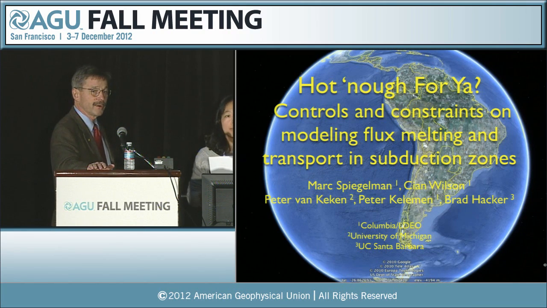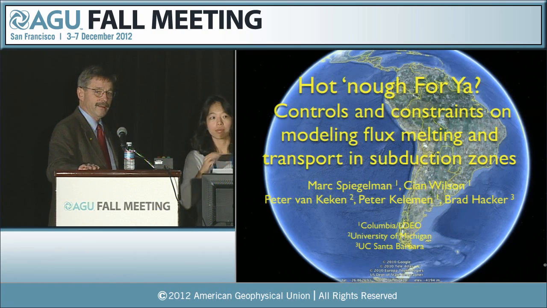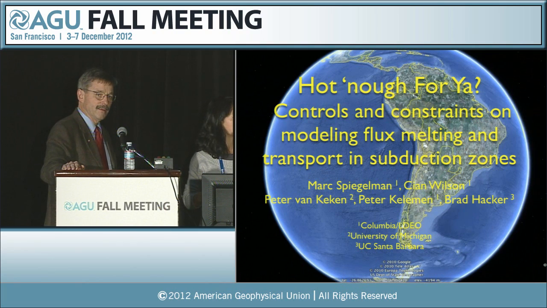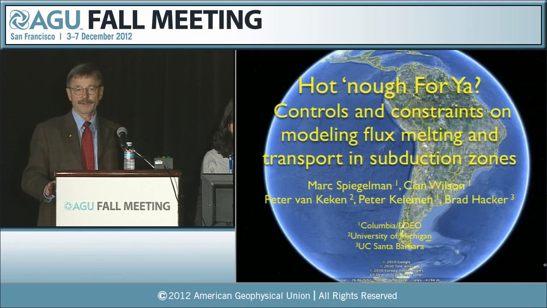Well, you're going to be limited to a fairly small layer, and it's just going to thin out as you go down, just like it's shown in the cartoons. Now, you could imagine, Peter's new models actually have a very, very different kind of thermal structure right above the slab wedge interface.